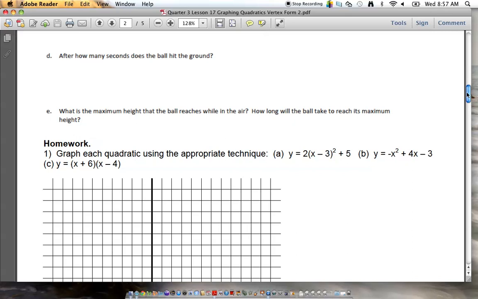First, once the graph is in the calculator, go to graph and you see the parabola on the screen. Does everybody agree?